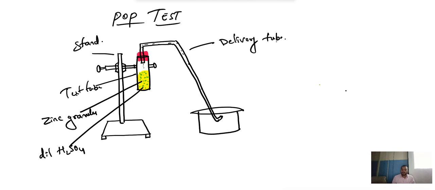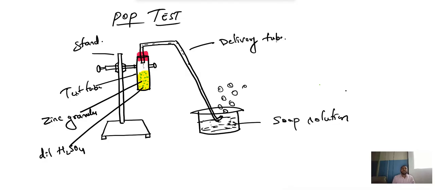Understood? Now what we are going to do, here we have taken a soap solution in this beaker. Once these gases come out from the delivery tube, when they pass through the soap solution, as you can see, some bubbles will form.